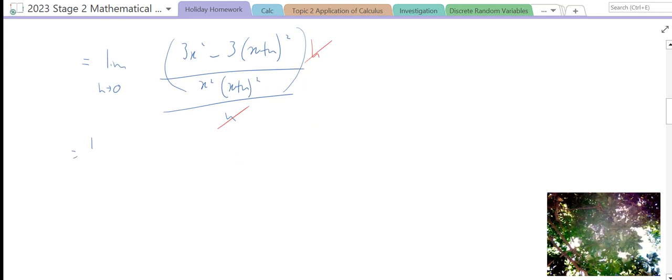So equals lim h approaches 0 of 3x squared take. Now this you may want to do in a couple of steps. Definitely worth reminding yourself that x plus h squared is x squared plus 2xh plus h squared. That combo is really important. And then, of course, with the minus 3 out the front, minus 3 hits all of them.